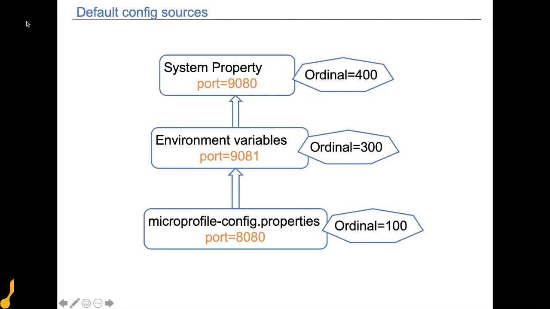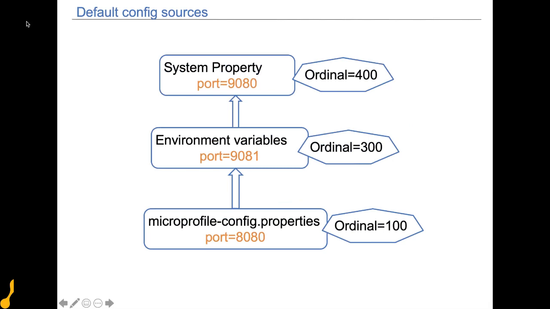The environment variable is 300, and system property is 400. So if you specify the same config property in multiple config sources, the value from the higher ordinal will overwrite all the other config sources.